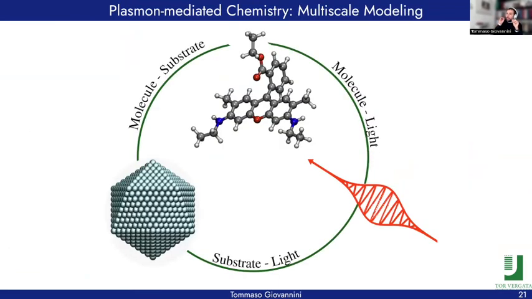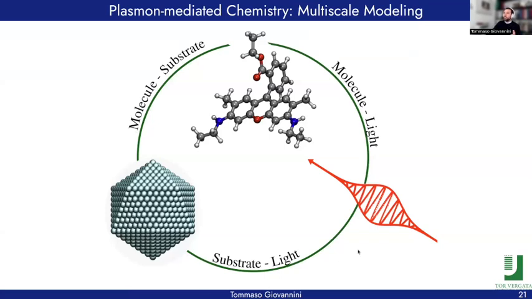Also, this system can be described by using multiscale methodologies. This is the power of multiscale methodologies, because they can also describe very different systems from the ones I showed you before. Also in this case, the minimal modeling is to describe the molecule, the nanoparticle, and the light, and all the interactions between the 3 players.